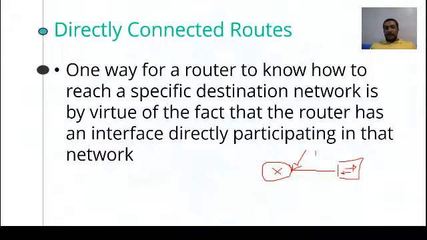Kunwari, ang IP address is 192.168.1.1. So that IP address that we have here is part of your network. It directly participates in it. Di ba? So alam niya kagad na, hey, I know this network. This is actually connected to me.